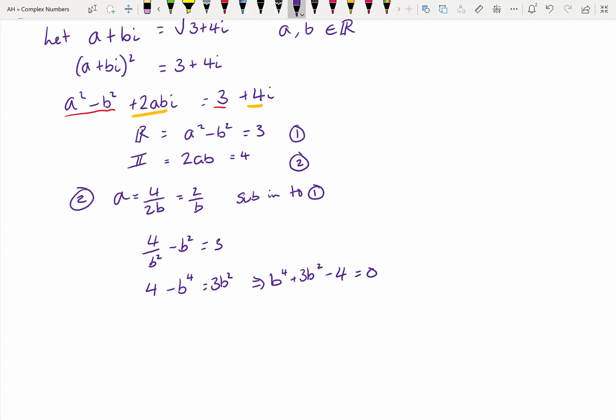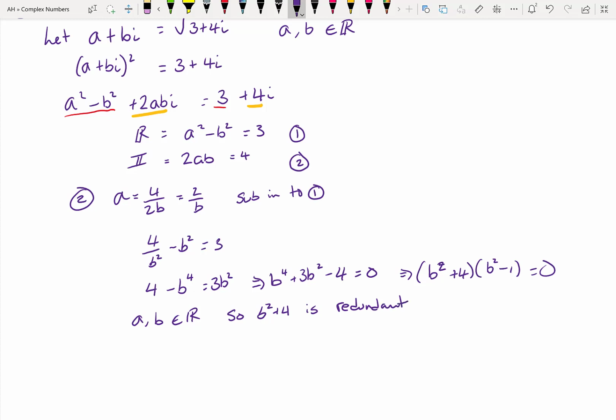I can factorise that. And so that is going to get me b squared plus 4 times b squared minus 1 equals 0. Now, we said right at the very start that a and b had to be real numbers. So b squared plus 4 is redundant here.